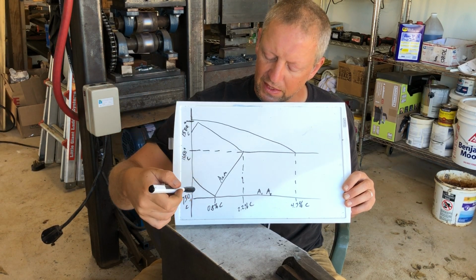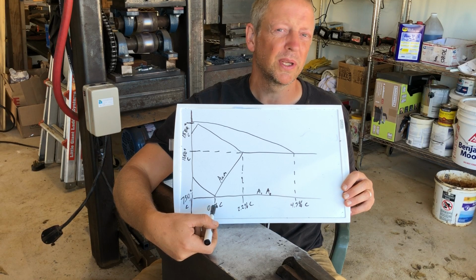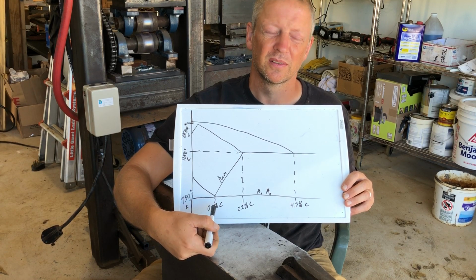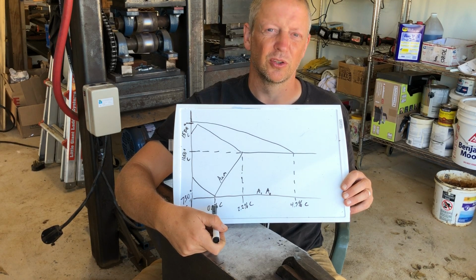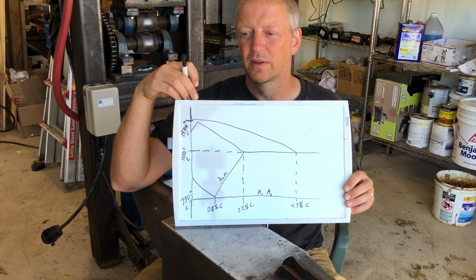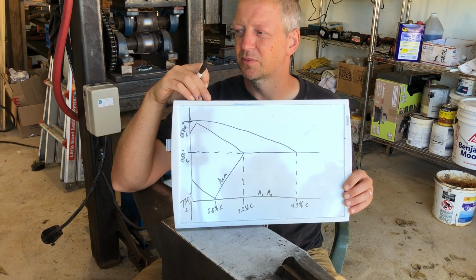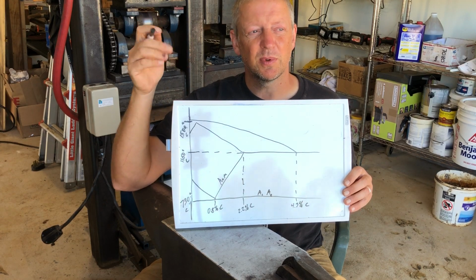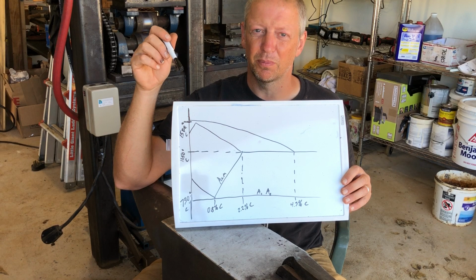So down here at 0.8% carbon, roughly speaking, we have what's referred to as the eutectoid point. Now, anybody who's done jewelry work, things like that, or maybe you've come across it anyway, typically with metals you hear about the eutectic point, and the eutectic point is different.